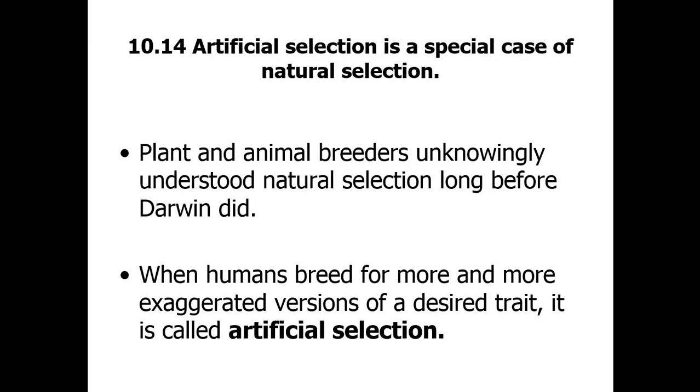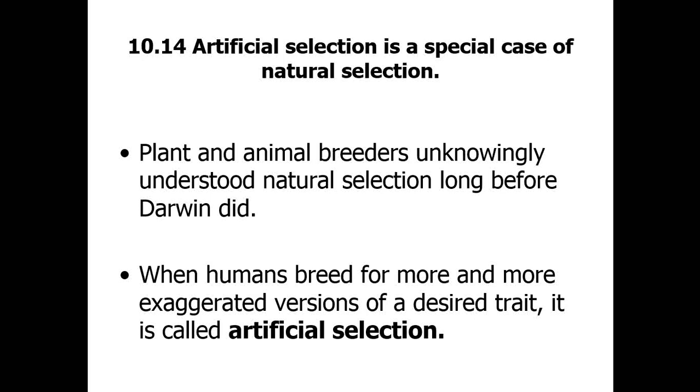We talked a little bit about artificial selection before, and so I'm going to go over this again. Artificial selection is just when humans are in charge of breeding plants, bacteria, animals for desired traits. And so I think the best example of this obviously is dogs, because dogs all used to be very similar.